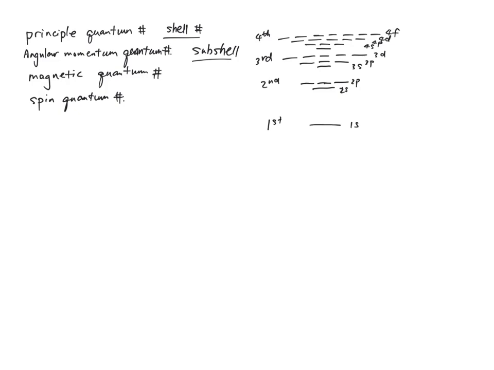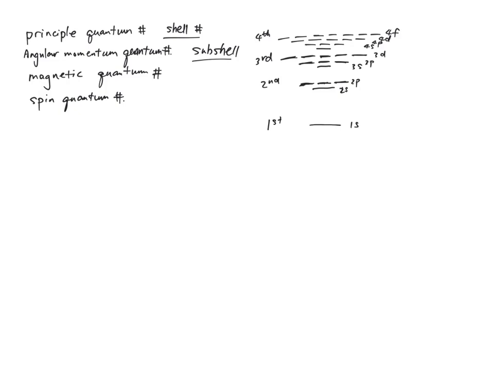And the magnetic quantum number represents each of the degenerate orbitals within a subshell. And the spin quantum number represents the up to 2 electrons that you can put within each individual degenerate orbital.